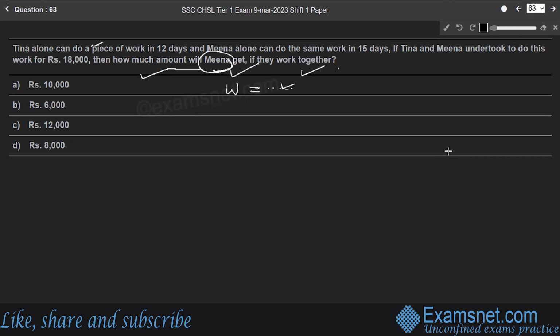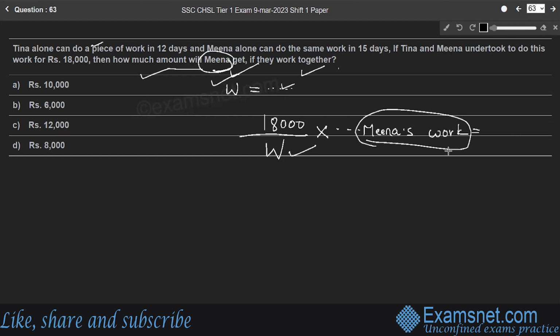Taking that work share, to complete the whole W amount of work they took 18,000 rupees. Therefore, for Meena's share of work, what is the amount given to Meena? That we need to find.